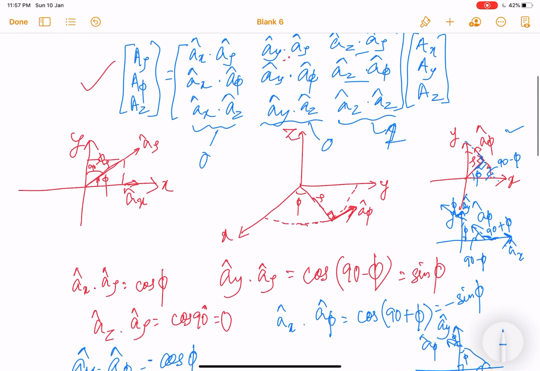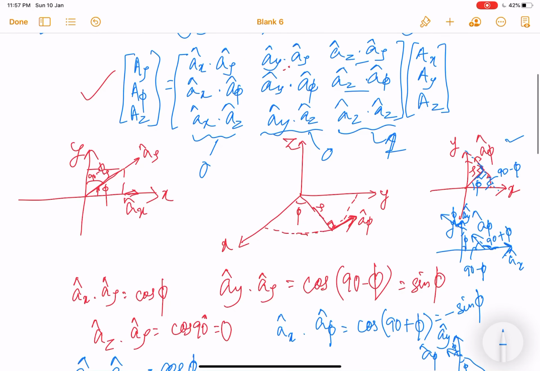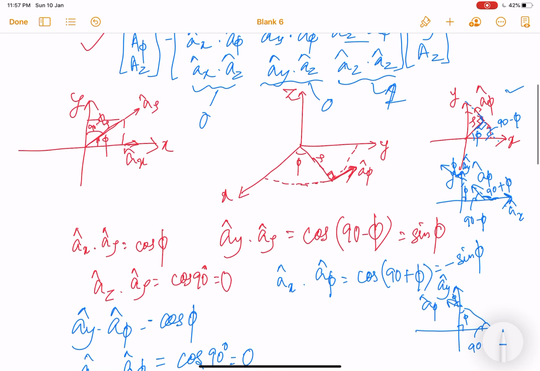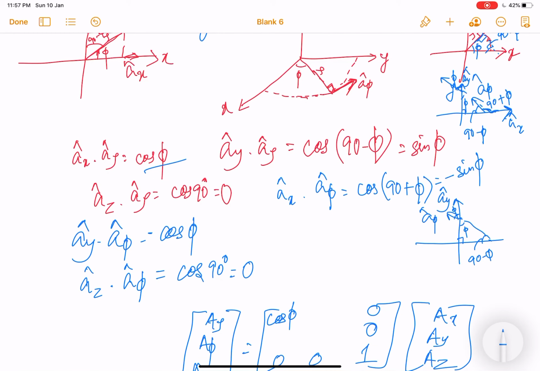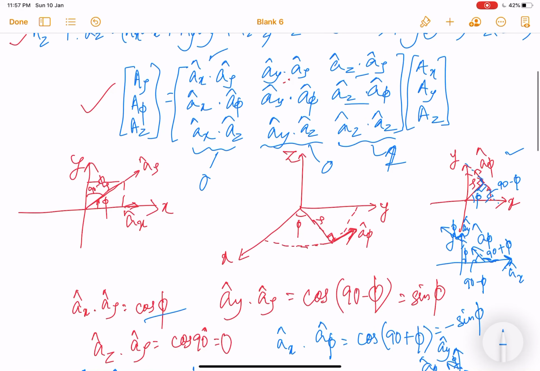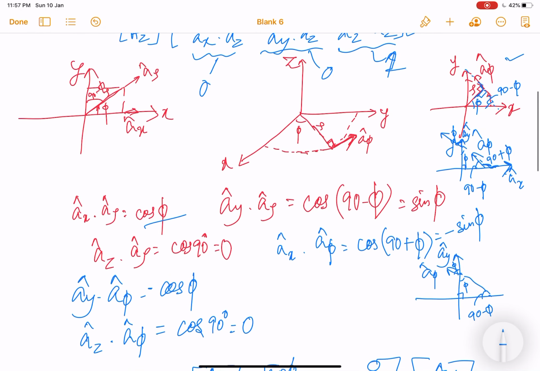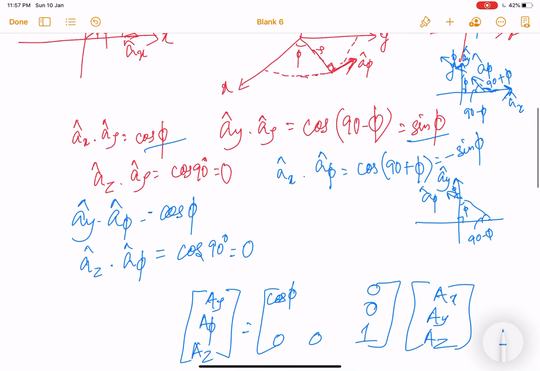Then ax dot a rho cap is cos phi, so I write cos phi here. The next thing I got is ay cap dot a rho cap, that is sin phi. The next is minus sin phi, and this one is cos phi.